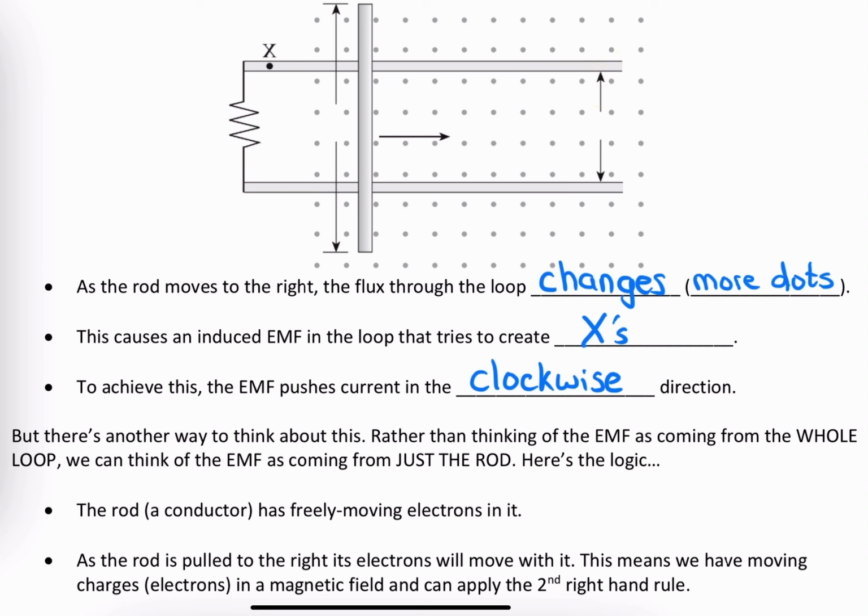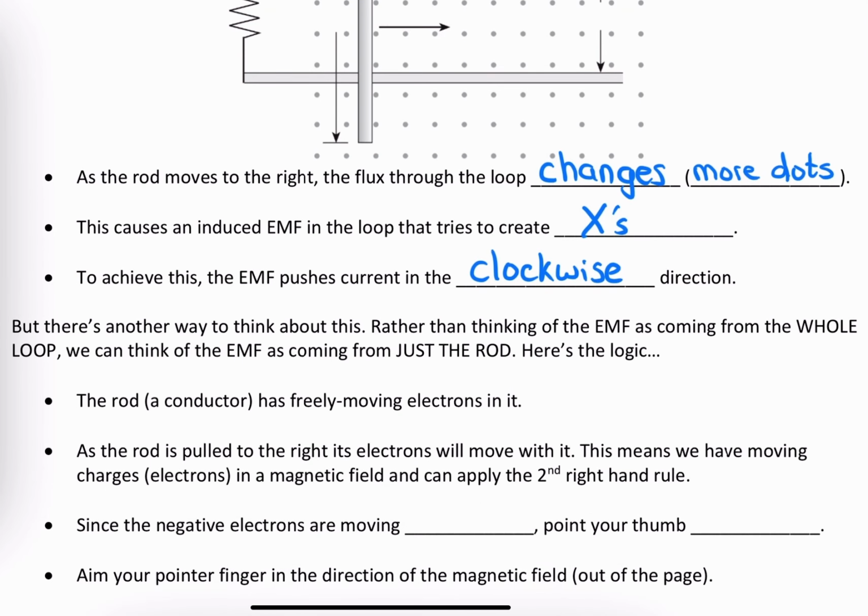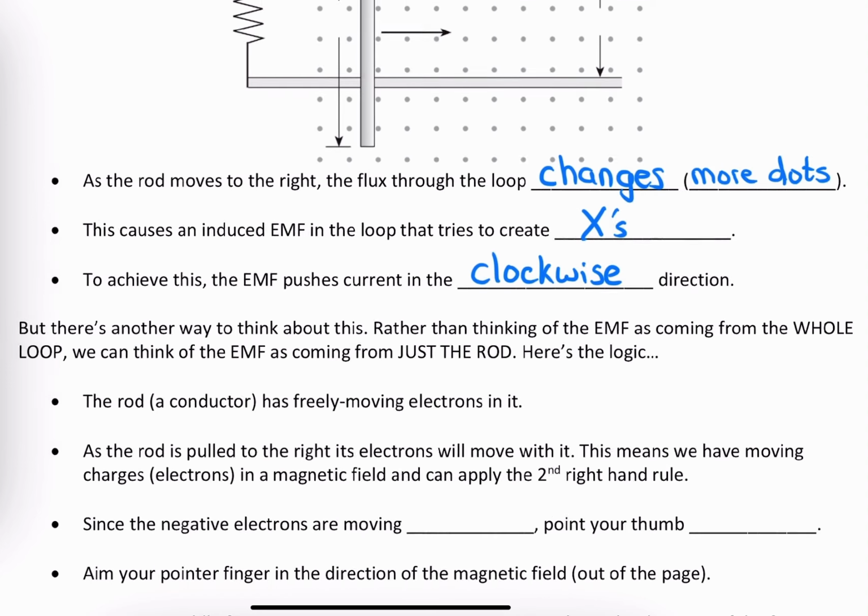That's where we're going to apply our second right-hand rule. Since these negative electrons are moving to the right, we're going to point our thumb to the left. Remember, the thumb goes in the direction of the current, or the direction that positive charge would be moving. So if I have negative charge going right, my thumb goes left.